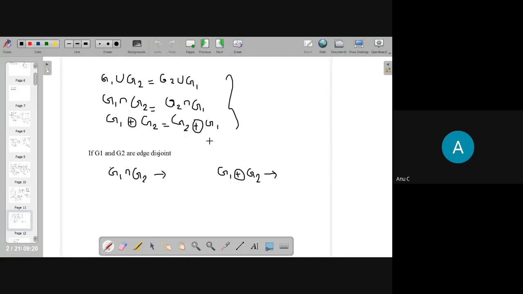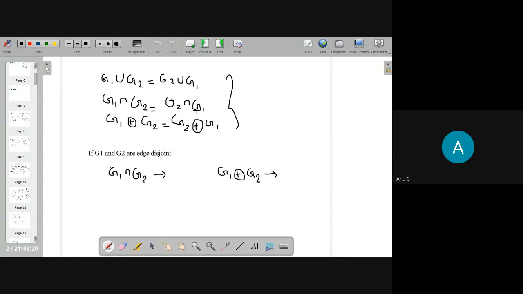Okay. The next, G1 union G2 equal to G2 union G1, right? Both are correct. Then G1 intersection G2 equal to G2 intersection G1, and G1 ring sum G2 equal to G2 ring sum G1.